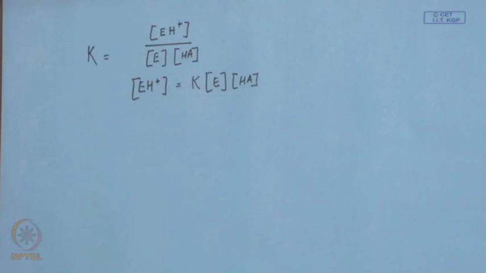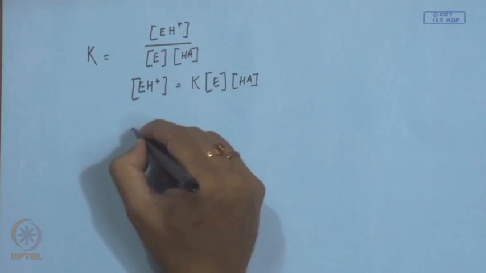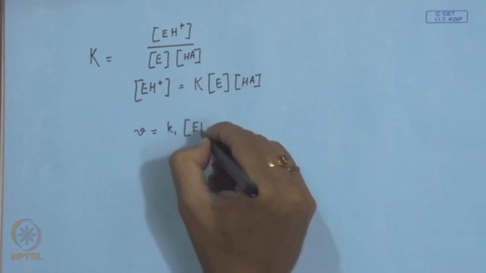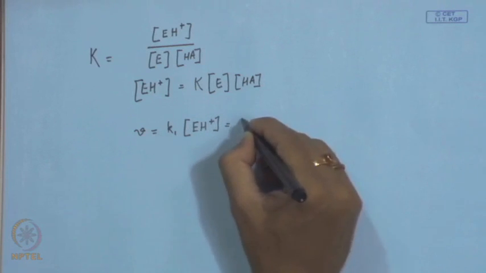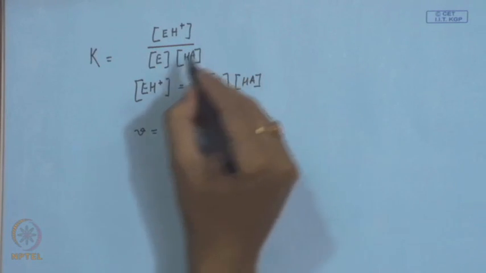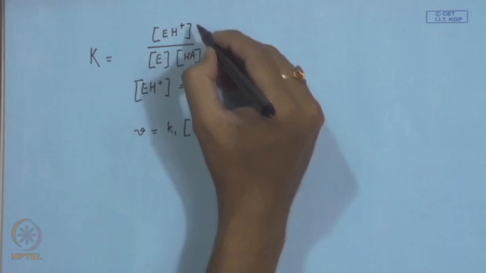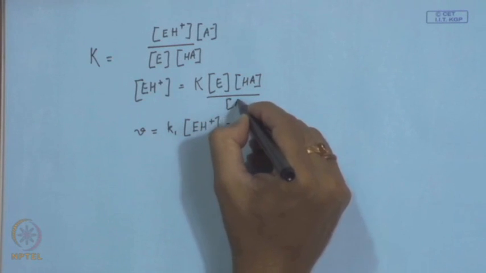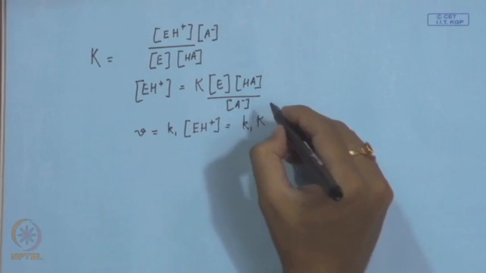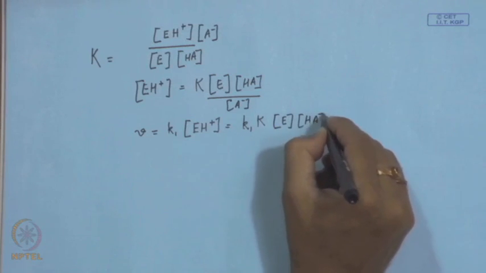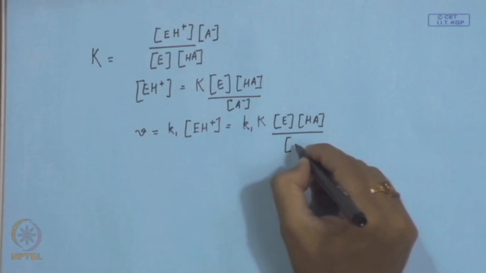You plug this into the expression, v is equal to k1 [EH+], which is equal to k1 K. I missed one thing, this is E minus, so k1 K [E][HA] divided by [A minus].